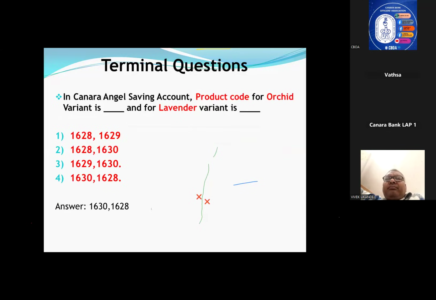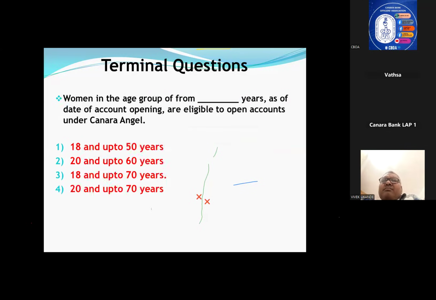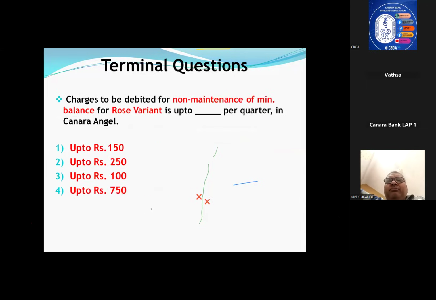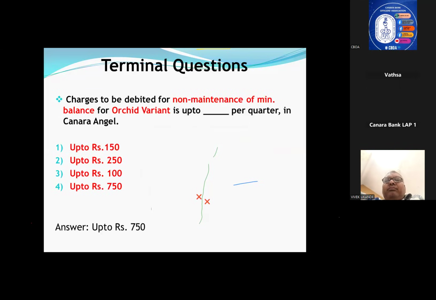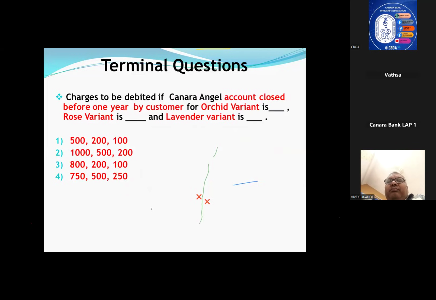Product code 1630 and 1628, 1629. Ages 18 to 70 years. Non-maintenance charges are not there now, so we need not go through this. If it is closed before 1 year, then it is 1,500 and 200.